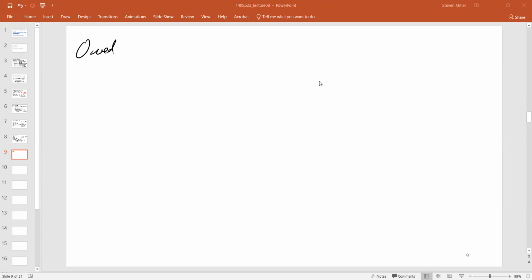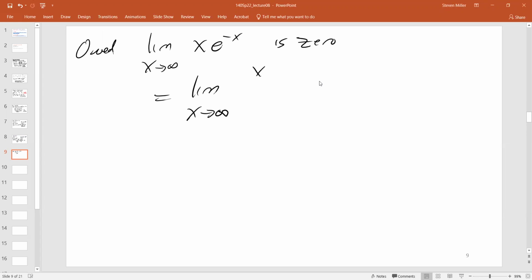I owed you that the limit as x goes to infinity of x e to the negative x is 0. This is the limit as x goes to infinity of x over e to the x. What can we use to evaluate this?